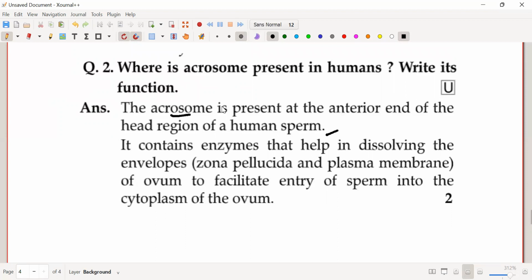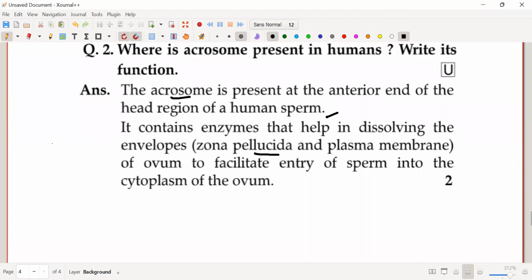It contains enzymes that help in dissolving the envelopes, zona pellucida and plasma membrane of ovum to facilitate entry of sperm. See here, the ovum cell is here. The head of sperm contains this acrosome, which will help in penetration of this. That's where acrosome is present.